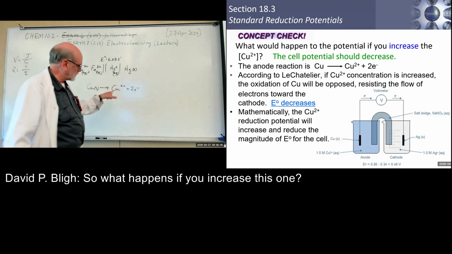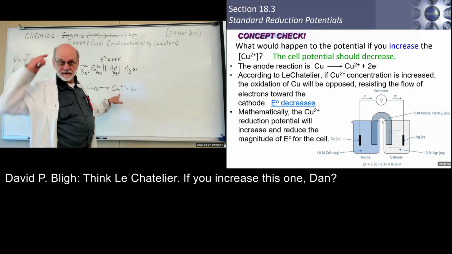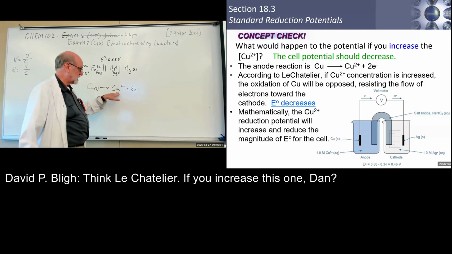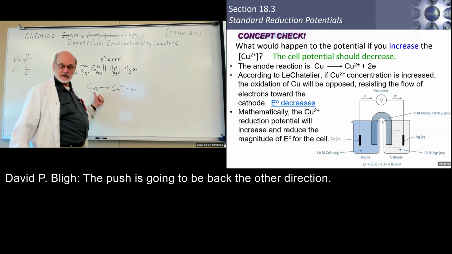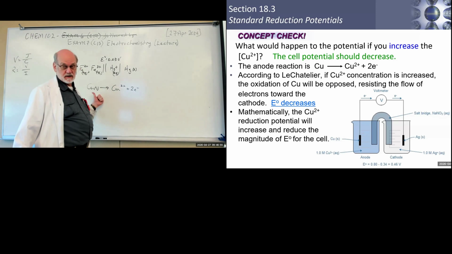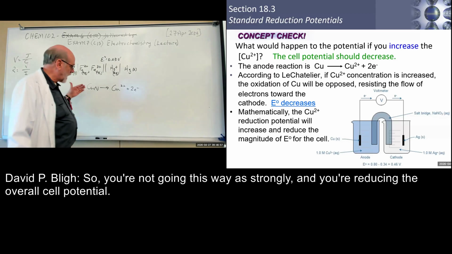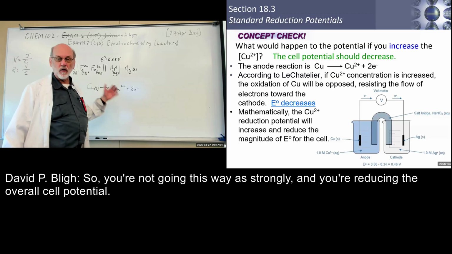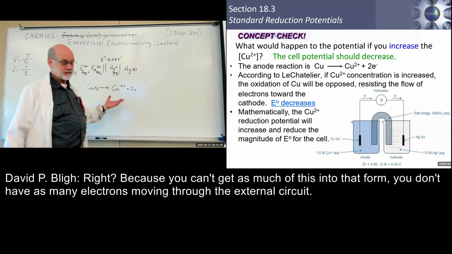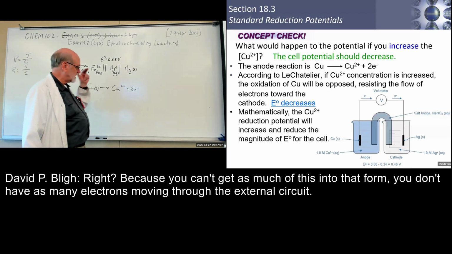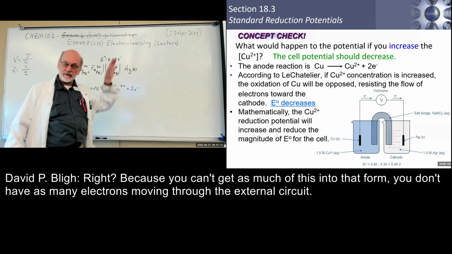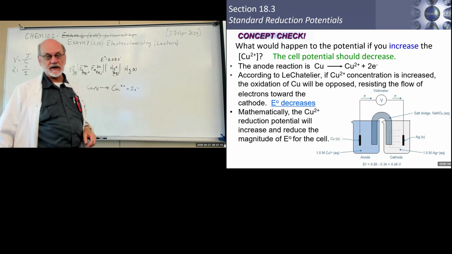So what happens if you increase this one? Think Le Chatelier. If you increase this one, then the push is going to be back the other direction. So you're not going this way as strongly, and you're reducing the overall cell potential. Right? Because you can't get as much of this into that form, you don't have as many electrons moving through the external circuit.